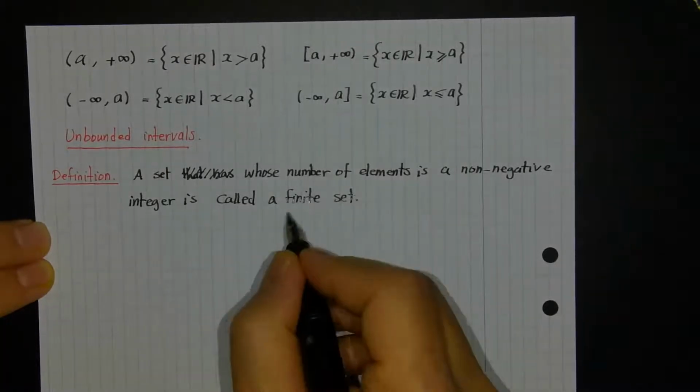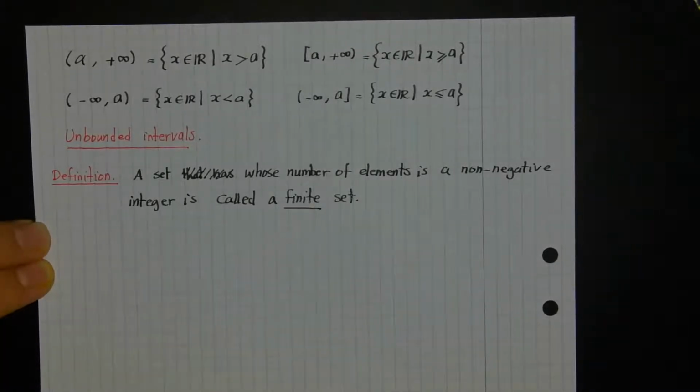This notion of finite, of course you understand, but let me make it formal. If I have a set and I count the number of elements inside the set, and it turns out to be a non-negative integer, then I would say that set is a finite set.